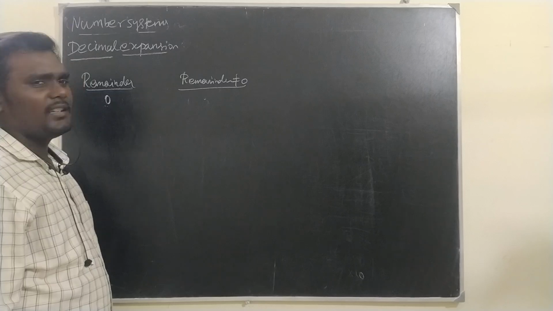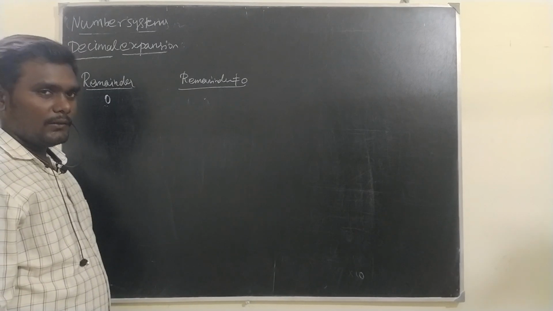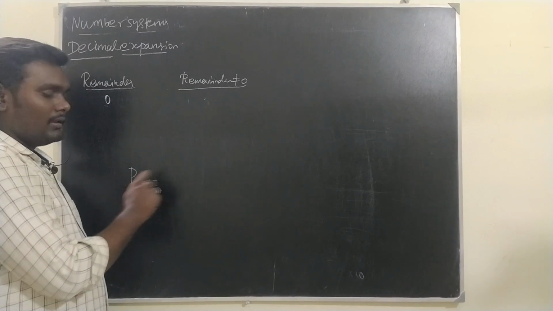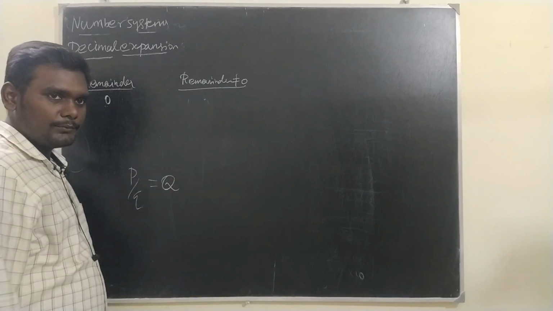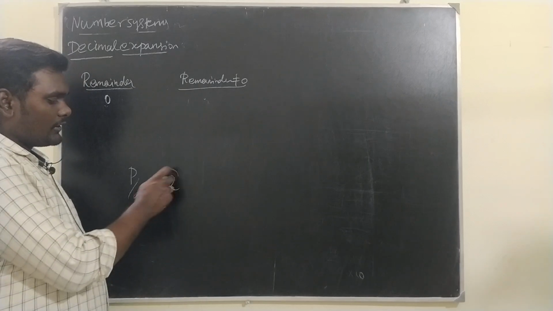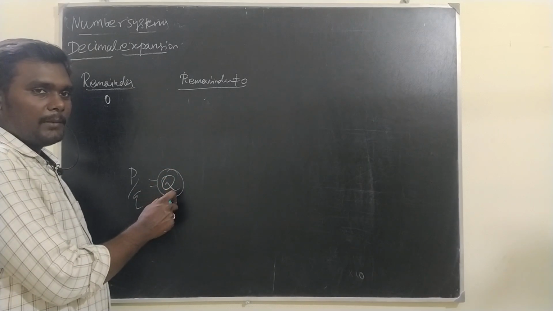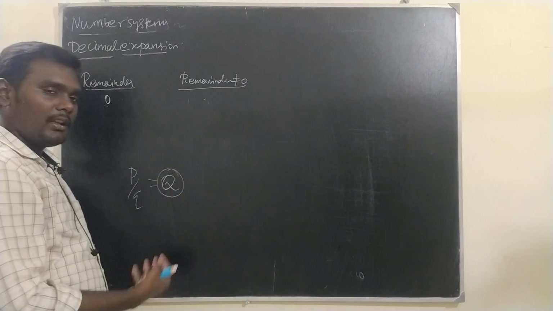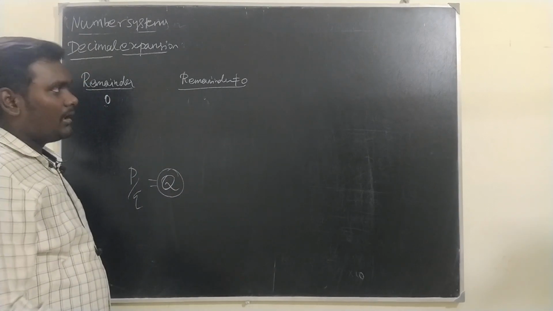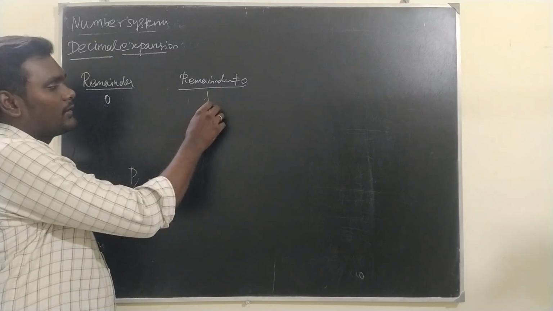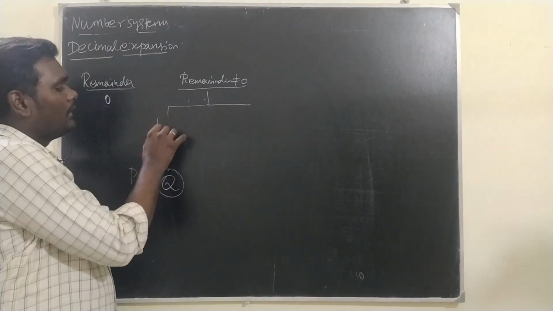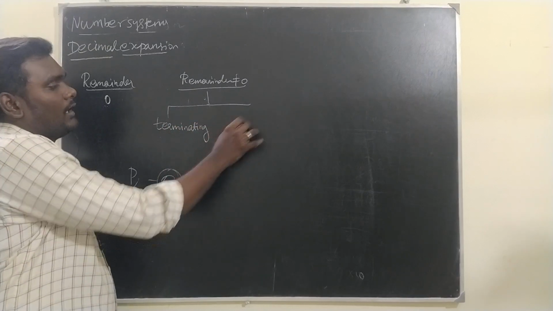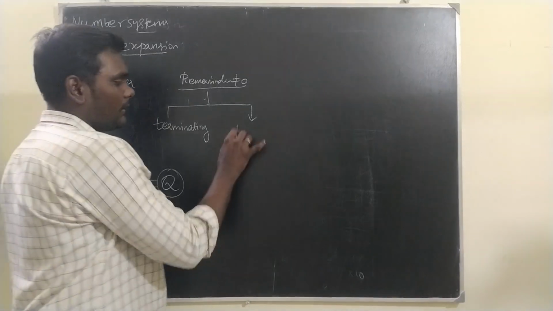Why am I speaking of division here? Because of the form p by q, which, as I mentioned earlier, represents the quotient. This quotient may be a whole number, if the remainder is 0. Otherwise, we may have two different types of decimal expansion: terminating and non-terminating decimal expansion.